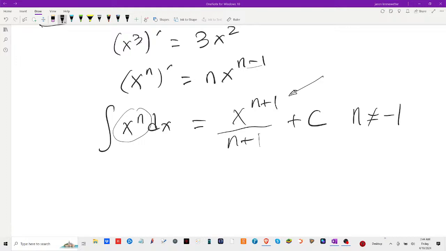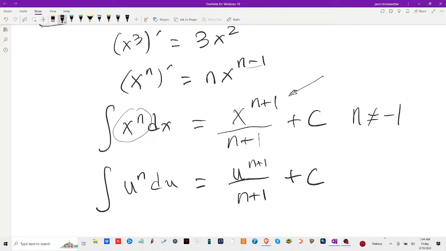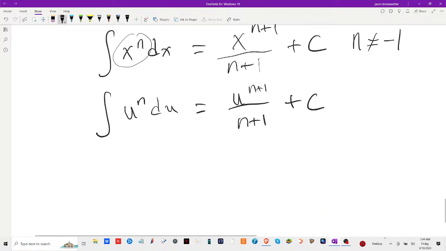The antiderivative of x to the n is x to the n plus 1 over n plus 1 plus c. Now, I'm going to make a big change. What if it was u to the n du? Well, I think then it might be u to the n plus 1 over n plus 1. Not a big leap there, I think.